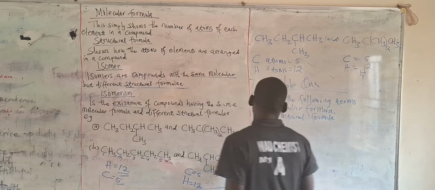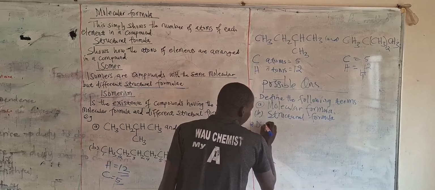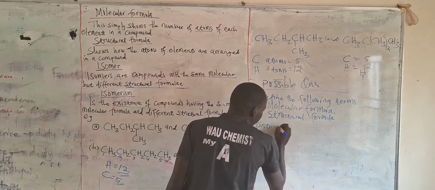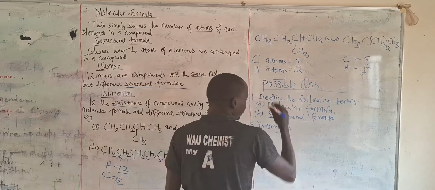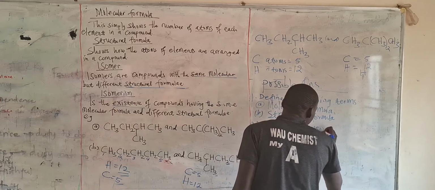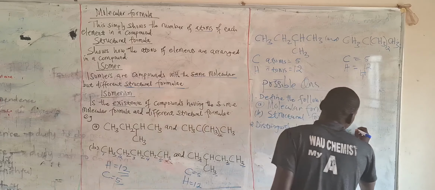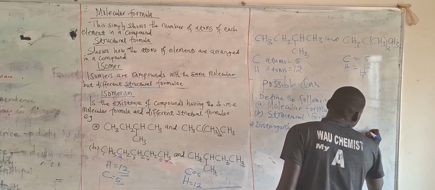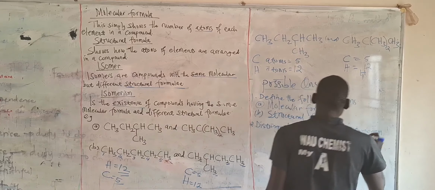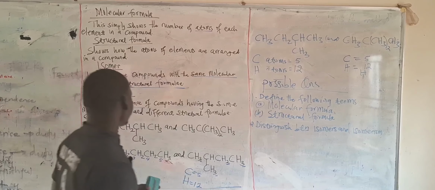Then number 2, I'll be in position to say distinguish. I can say differentiate. I can say distinguish between isomers and isomerism. You need to be keen enough here because you can easily mix up the two definitions.